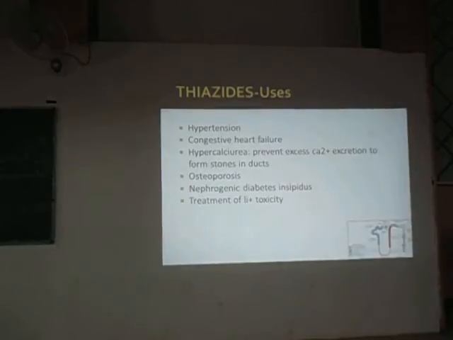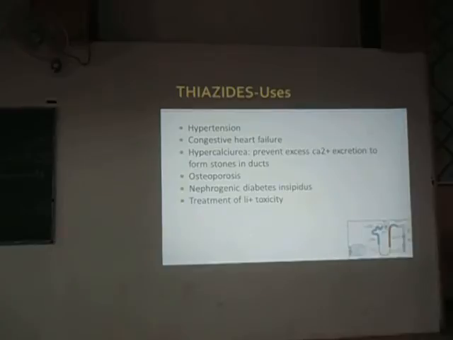We can use thiazide diuretics basically for hypertension, congestive heart failure, hypercalciuria, osteoporotic conditions, as it can conserve calcium. Nephrogenic diabetes insipidus, for this condition we can also use it. Sometimes you can get a question in your viva: which drug has a diuretic action but also some antidiuretic property?